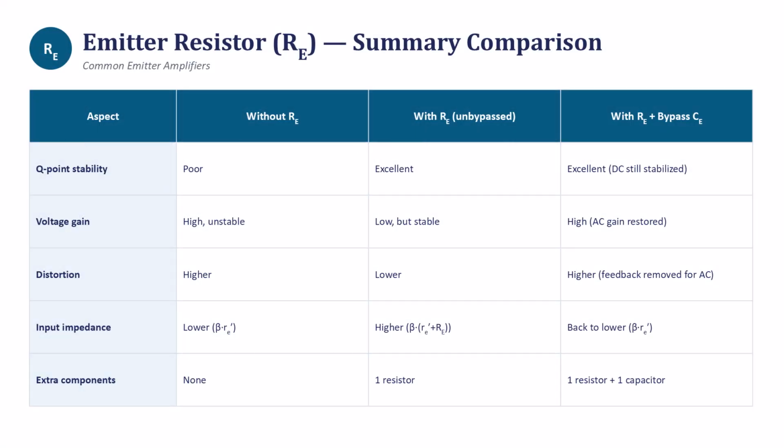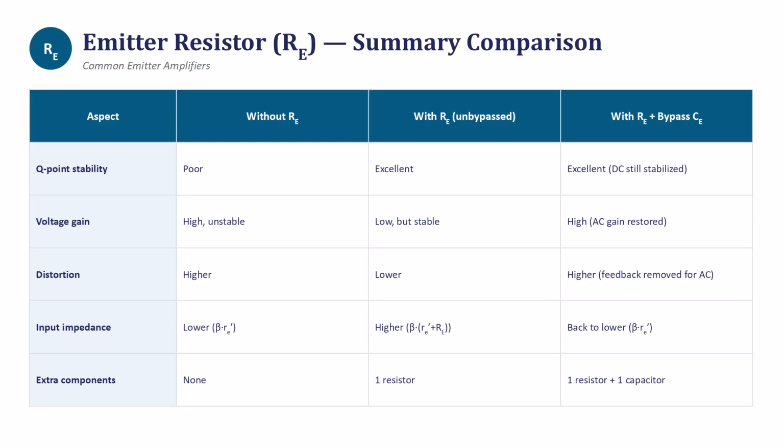This table compares three versions of the common emitter amplifier: one without an emitter resistor Re, one with an unbypassed Re, and one with Re plus a bypass capacitor Ce. Look first at Q point stability. Without Re, stability is poor.